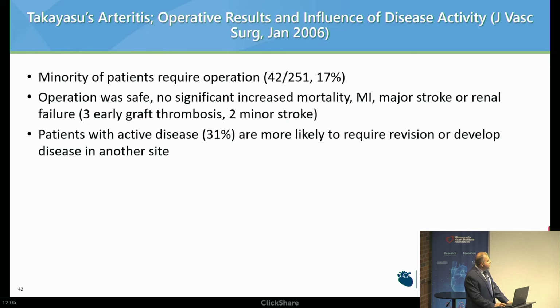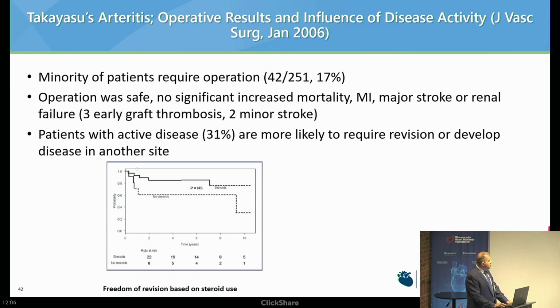Based on this case series of 251 patients with Takayasu, 42 of these patients, 17%, required operation. The outcomes were really good, without a significant increase in mortality, MI, or major stroke. And 31% of these patients required revision, especially if they had elevated markers.